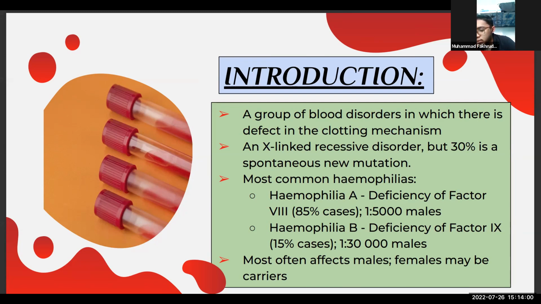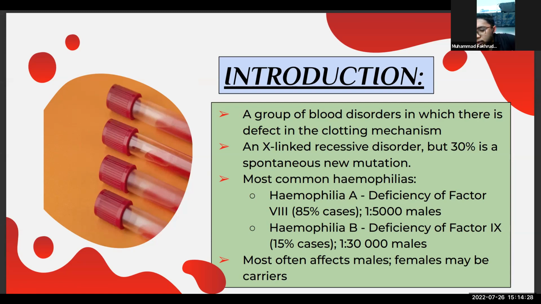And hemophilia is an X-linked recessive disorder, so it means that hemophilia involves the sex chromosome, or chromosome number 23. We know that male patients have chromosome XY, right, and the female has chromosome XX.